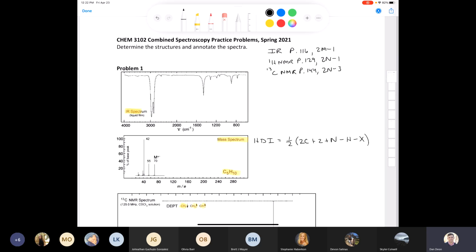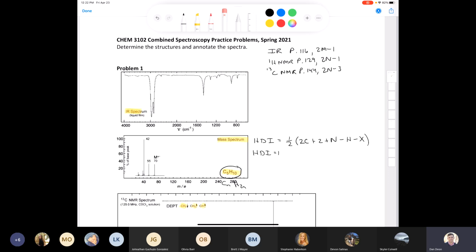So if you take this formula, C5H10, you don't even need to use this formula, do you? Because you know that a saturated hydrocarbon has a generic formula of CnH2n+2. And here we have a generic formula which is CnH2n. 2 times 5 gives you 10. And so we have an HDI here that is equal to 1.